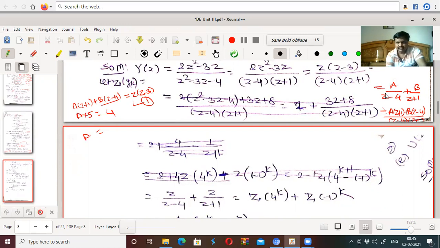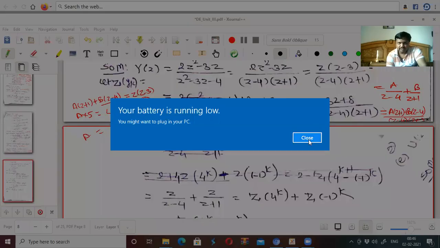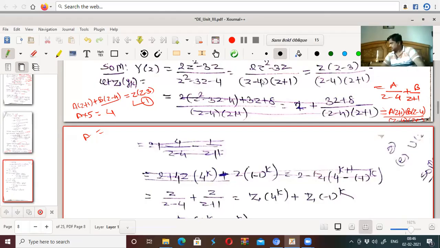So taking it as a upon z minus 4 plus b upon z plus 1, what will you get? A into z plus 1 plus b into z minus 4 divided by z minus 4 into z plus 1. Equating numerators, we get a into z plus 1 plus b into z minus 4 equal to z into z minus 3.